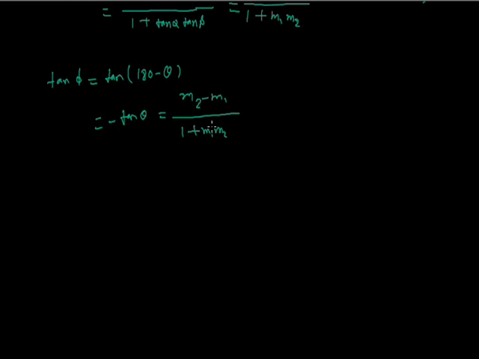Between theta and phi, one of the angles is acute and the other is obtuse. So here we can make a formula for tan theta, which is equal to the modulus of m2 minus m1 upon 1 plus m1 m2, and the necessary condition is that 1 plus m1 m2 should not be equal to 0.